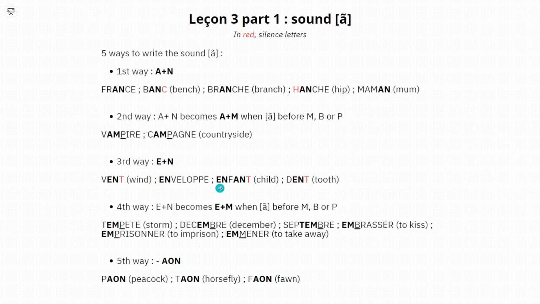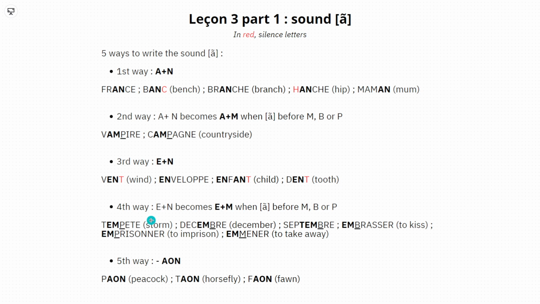You can see here the 2 different ways to write the sound en, E-N, or A-N, enfant. Dent, une dent, a tooth, okay, dent.